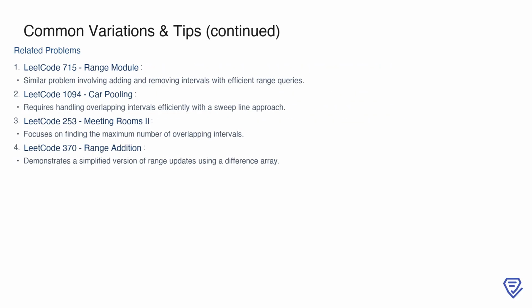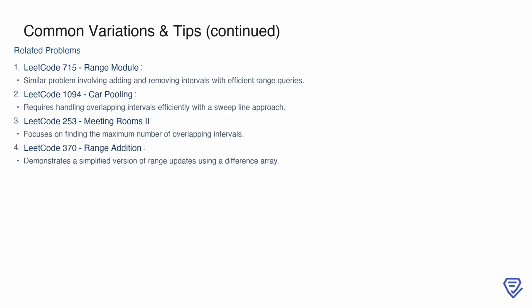Understanding related problems can significantly enhance your ability to tackle interval-based challenges. For example, LeetCode 715, the Range Module, involves adding and removing intervals while handling range queries efficiently, a concept closely tied to this problem. LeetCode 1094, Carpooling, emphasizes managing overlapping intervals, often solved using a sweepline approach.